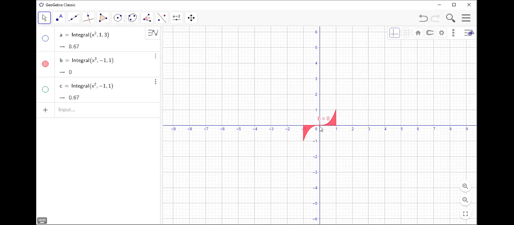The geometrical meaning of definite integral is basically the area of the region bounded by the curve.